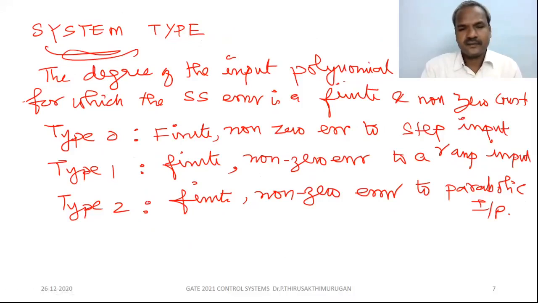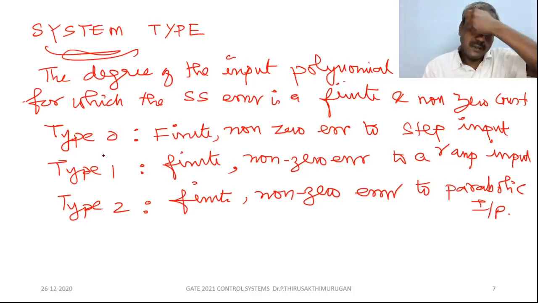whereas for type 1 system, okay, so what is the type 1 system? For step input, the steady state error is 0. Type 1 system steady state error is 0.